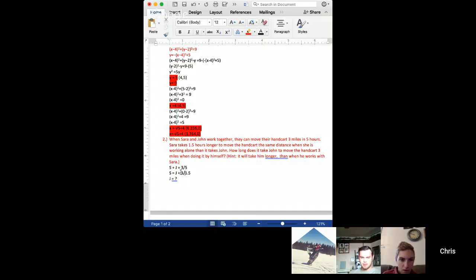But they're still going 3 miles. So 1.5. Do we even need the 3? So it'd be 3 over 6.5, so S equals J plus 3 over 6.5. So those are the equations we're working with.